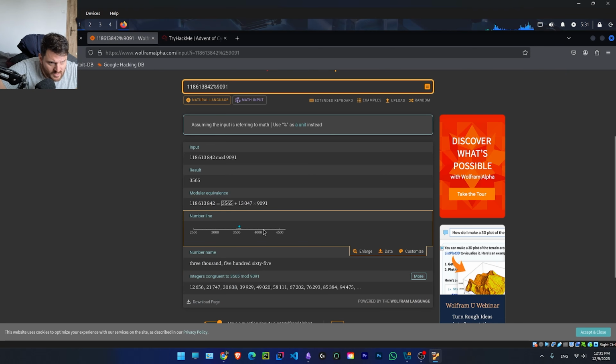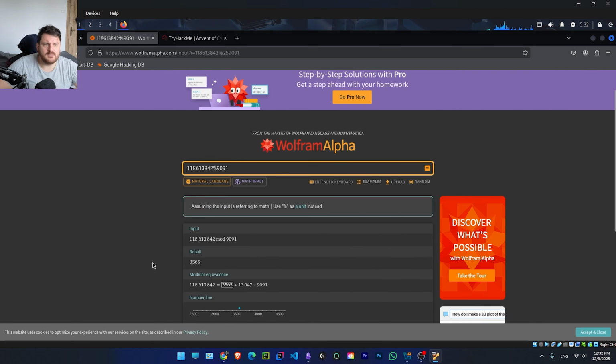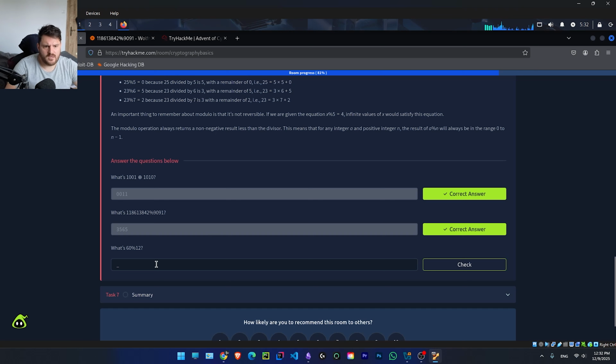We see a number line. Also, here is the equivalent. This is the operation that they had. Integers congruent to, all right, the number. Okay, basically just write the whole number in text.